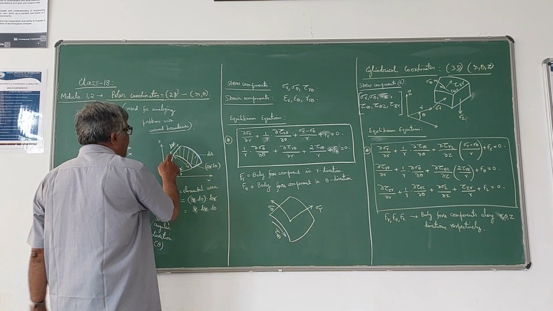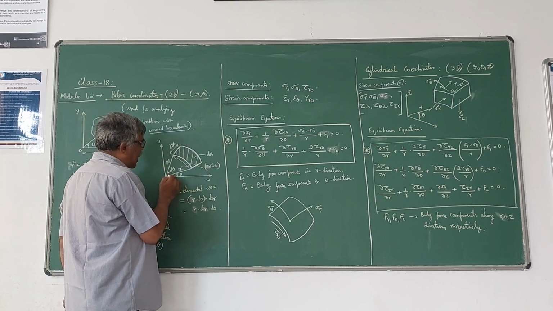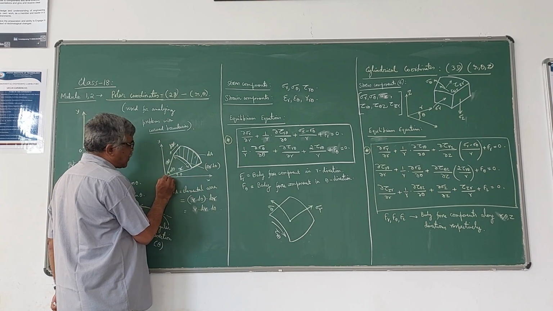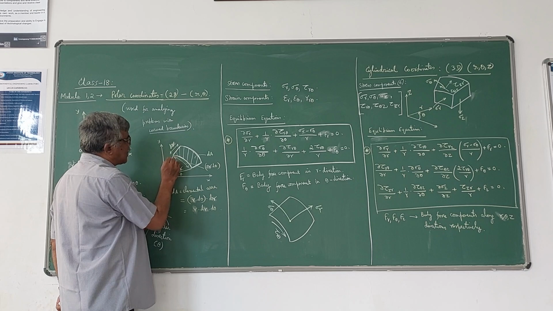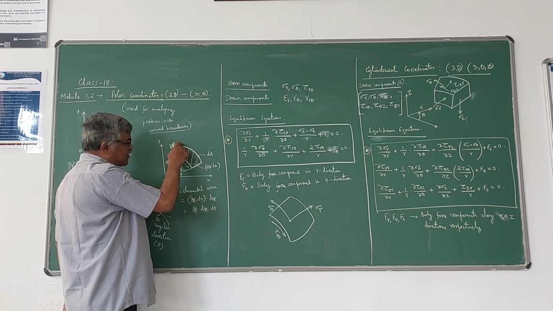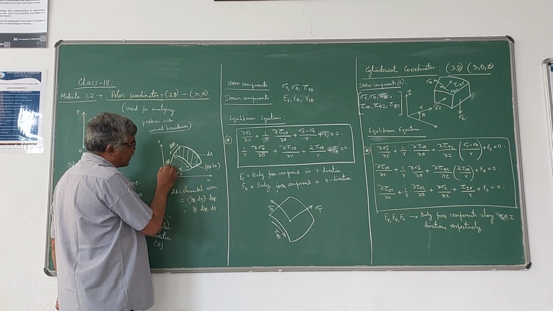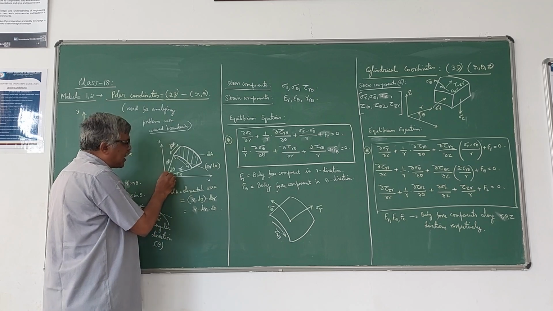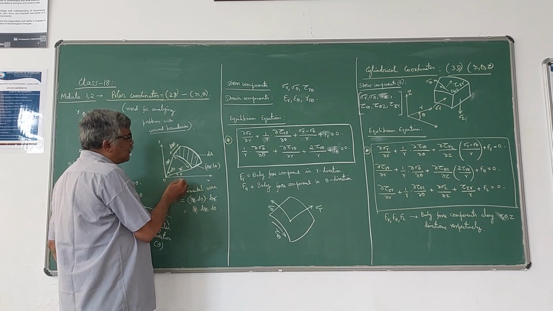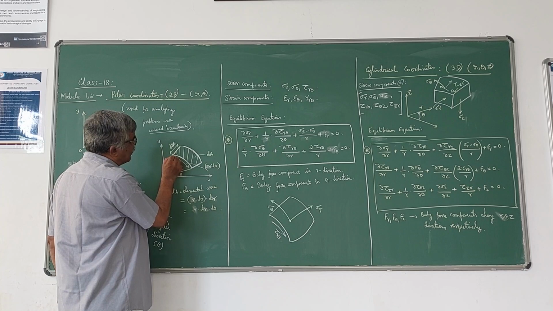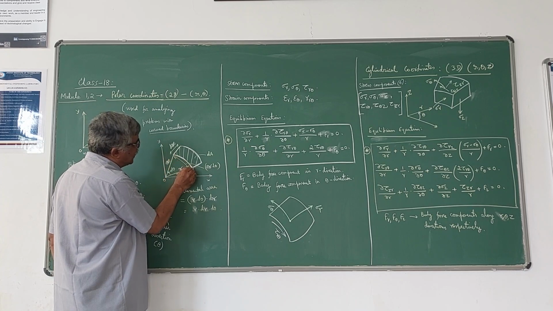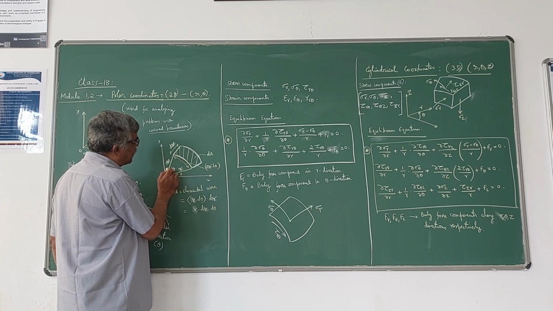Now, if you consider a curved element like this, I take the distance from the origin to this as r, the thickness of the element as dr, and the angle made by this element at the origin as d theta. According to trigonometry, the length of this arc becomes r into d theta.